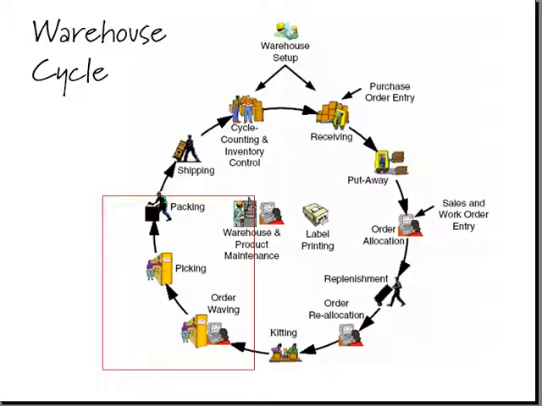So again, we've just finished picking the order. Essentially, before you can start picking orders, the order has to be created in ACPAC order entry. The sales order is then downloaded into ACPAC WMS. Before the order can be picked, the order first of all has to be successfully allocated.